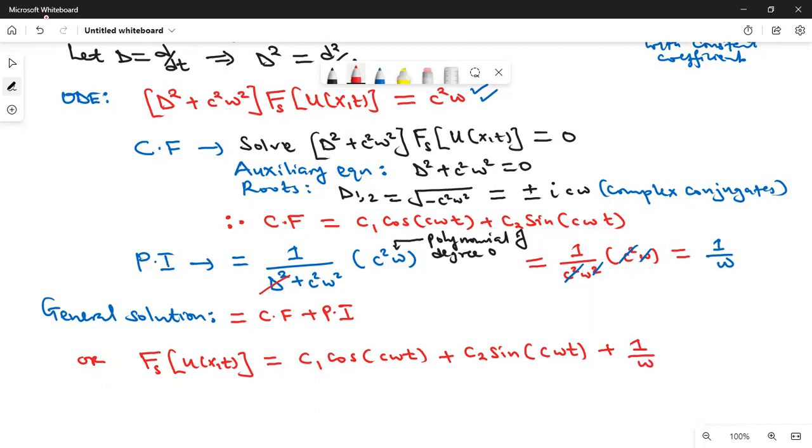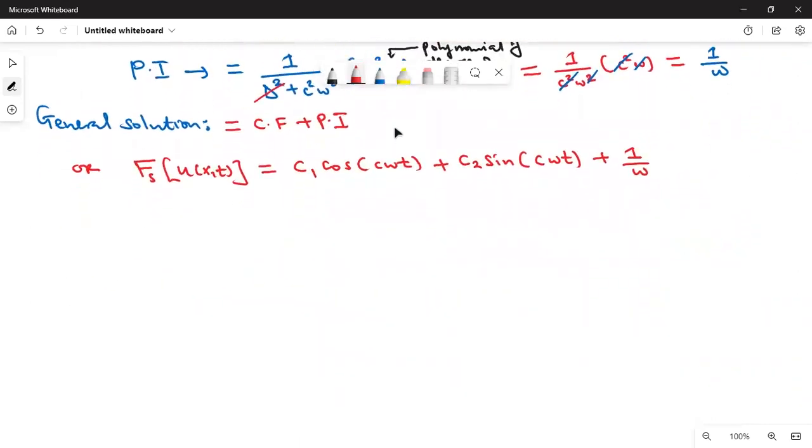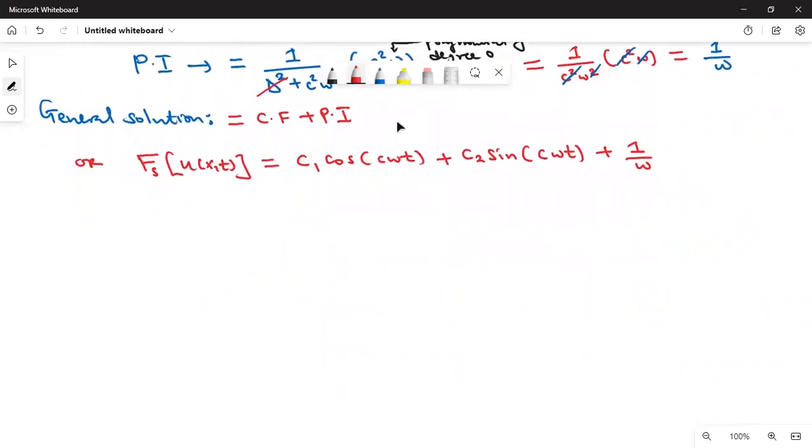Now, we have initial conditions that we need to apply. So that's the third step. You can write step 3, apply the initial conditions.